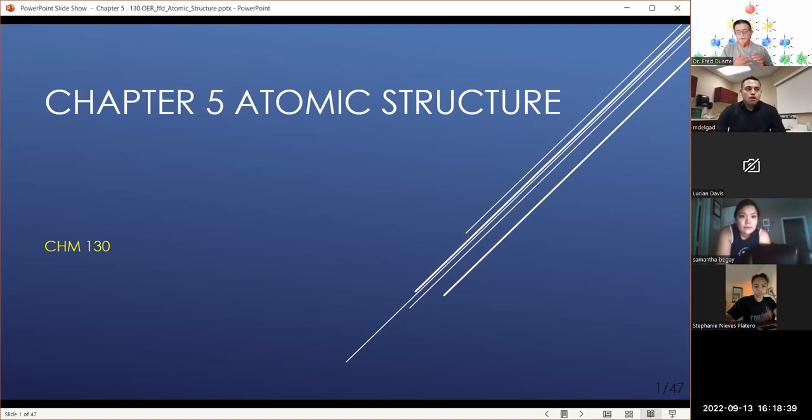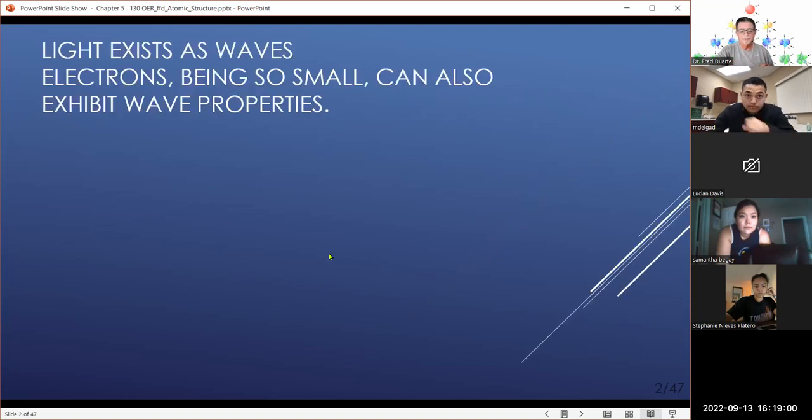So we're going to talk a little bit about light and how light travels through space, our model for light, keeping in mind that we're going to use the model of light to represent the model of the electron and how it behaves with respect to energy. It's all about energy, bottom line.